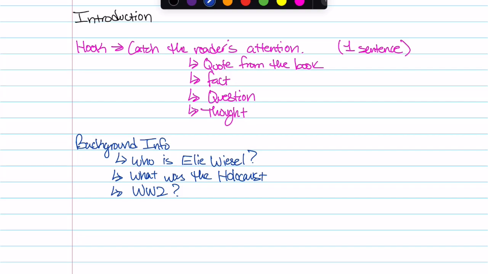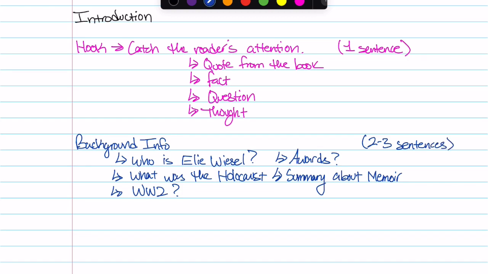What was World War II? What awards did Elie receive for his memoir? Remember we talked about some of the things that he was awarded after writing this book? Maybe a quick summary about the memoir, giving your reader a quick broad stroke about what our memoir is about. And remember, our background information has to be at least 2 to 3 sentences.